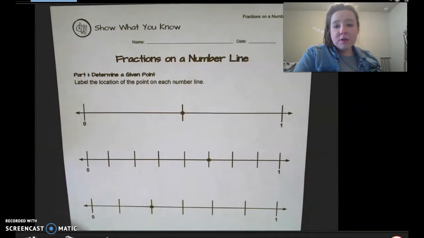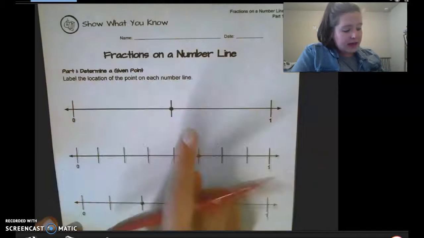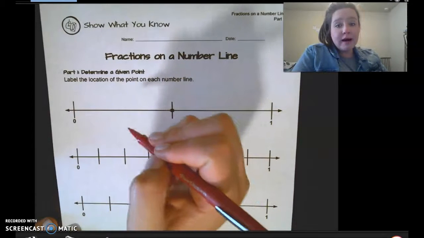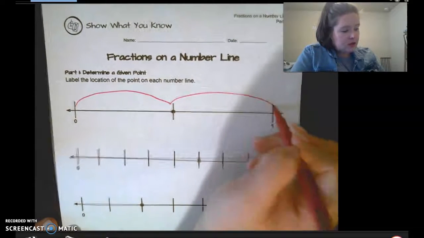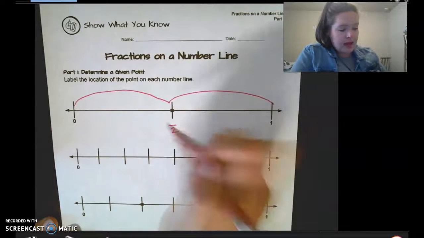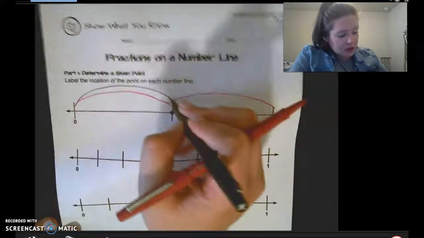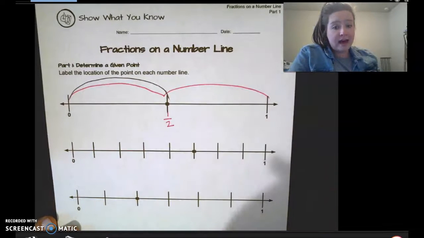All right, I just want to determine these fractions on a number line. So I need to determine this is my point right here. I'm first going to count for my denominator. 1, 2. And my point is after 1 section. So my fraction is 1/2. All right.